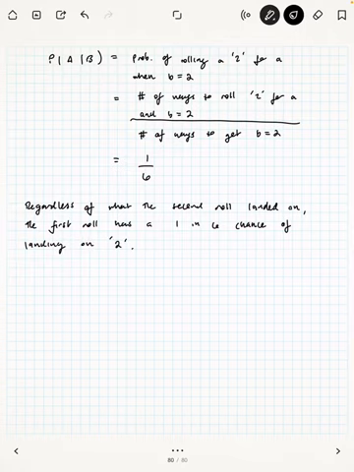And so what we're actually saying here is that these two events that we chose are independent events. Whatever we get on one roll, it won't change the probability of the other roll.